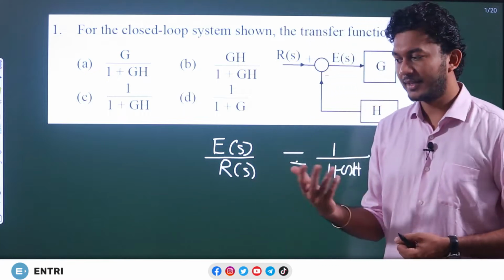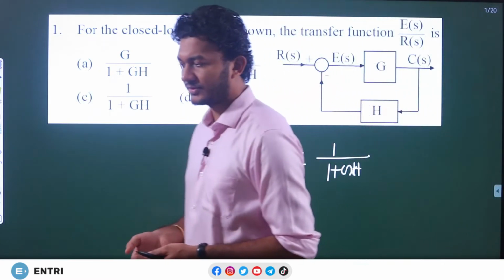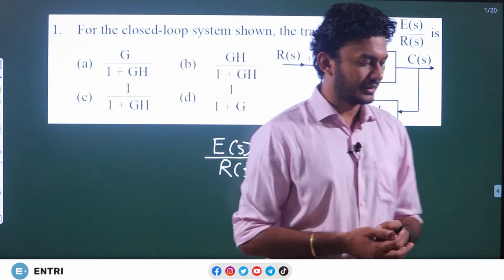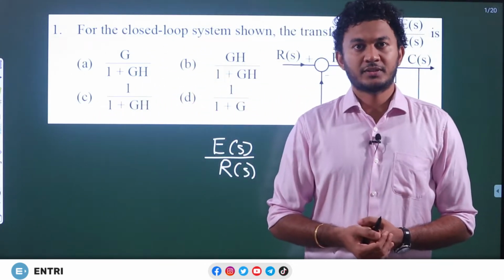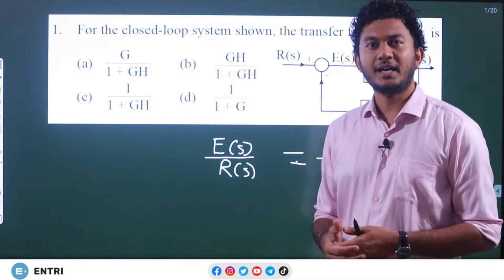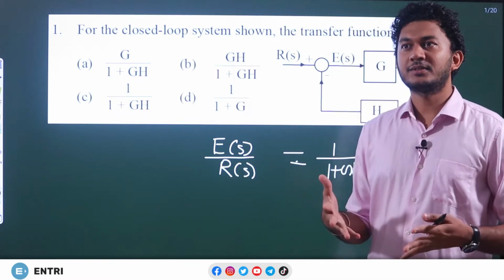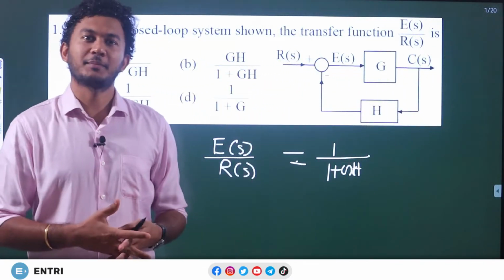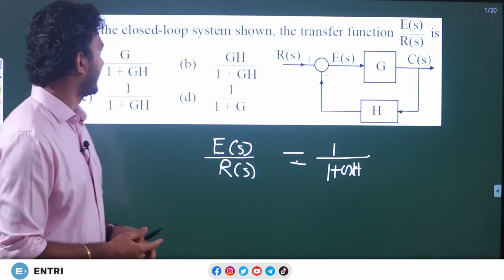In the 2021 GATE, I think 87,000 people wrote it, and at least some 75,000 people will get this same answer, 1 by 1 plus GH.